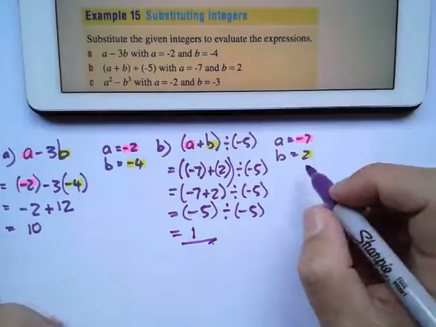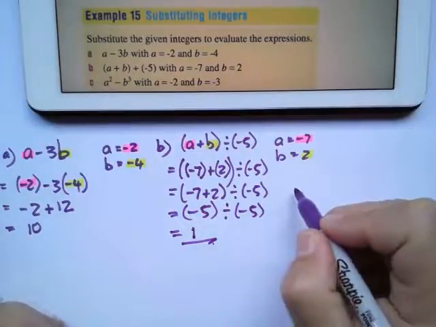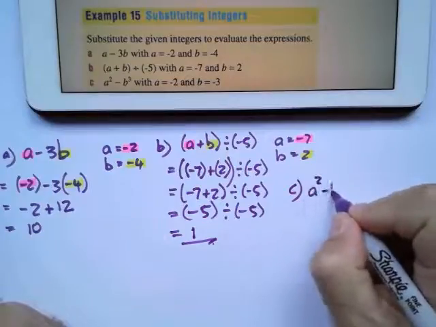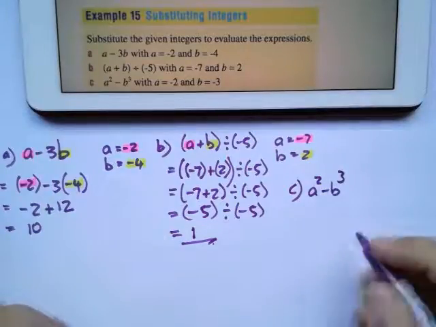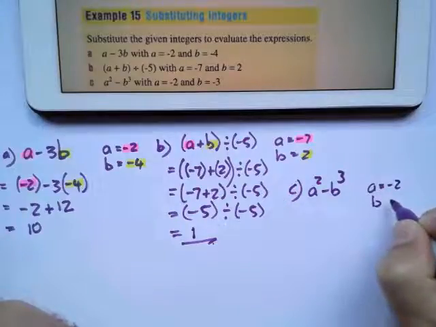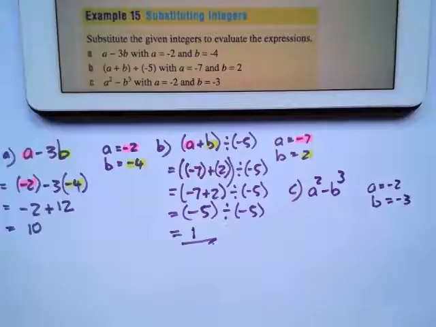Let's look at the last one. I'll have to use the space over here. So C: what is a squared minus b cubed if a equals negative 2 and b equals negative 3?